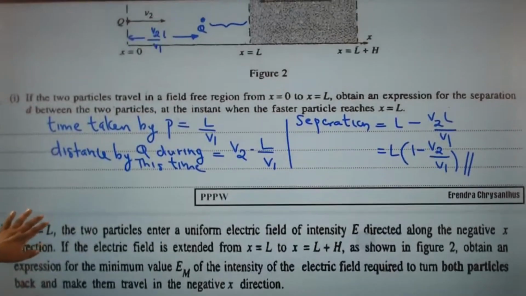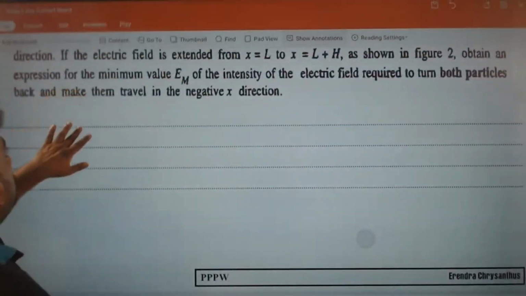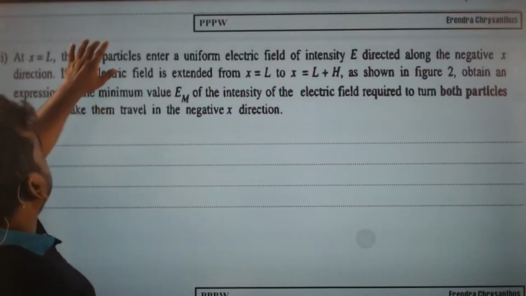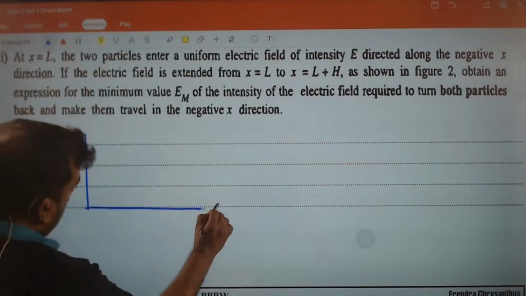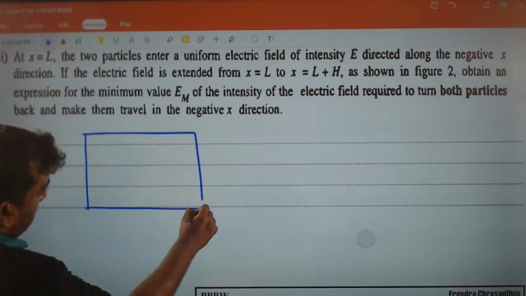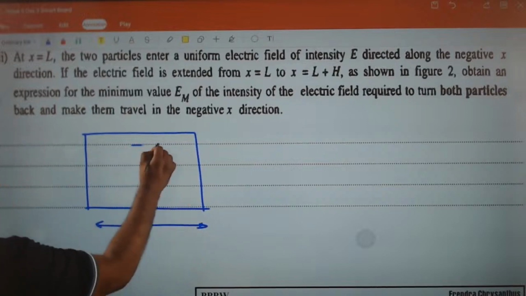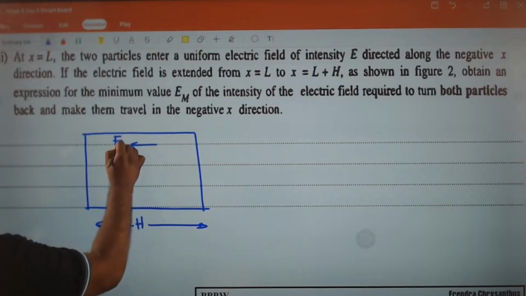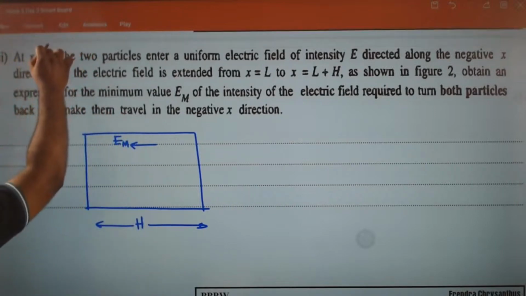So what is your logic here? I'll do the question here itself. Now, h distance here, there is an electric field. They want the minimum electric field. What do you mean by minimum? Why minimum?